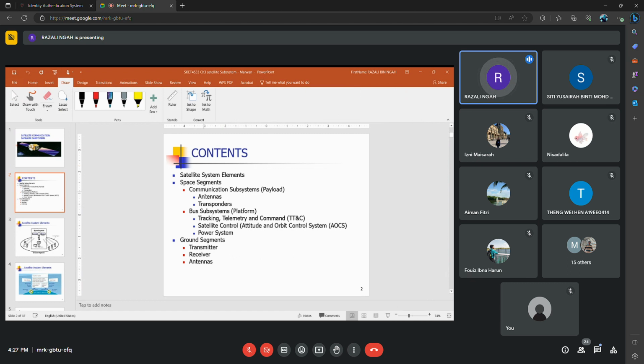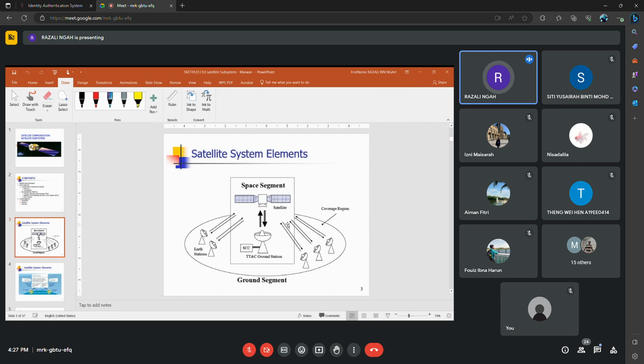Okay, we have space and ground segment. Even though space segment refers to the satellite, because it refers to being in space, not all space segment is located in the satellite.